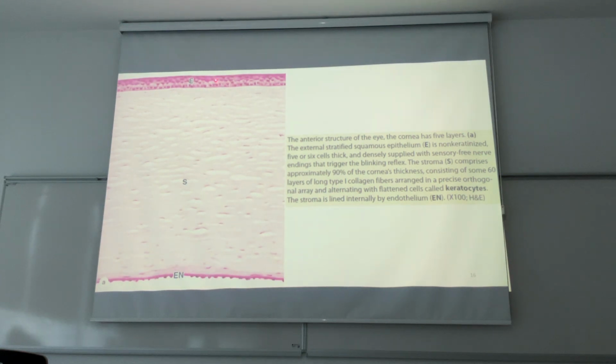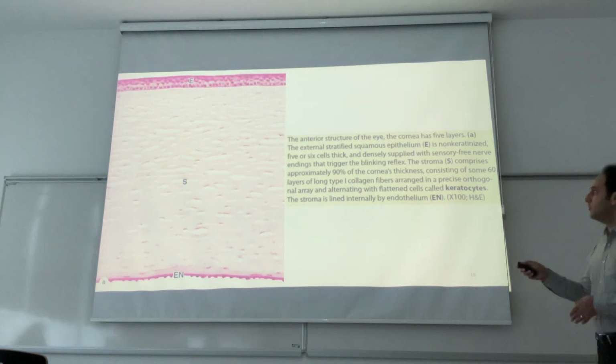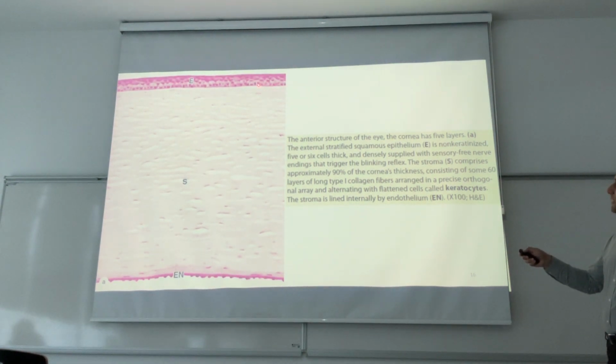In this part we have stratified epithelium, so here is our outer epithelium. With this, you know this membrane is our Bowman membrane, and this membrane is our Descemet membrane, and the rest is our stroma. Okay?